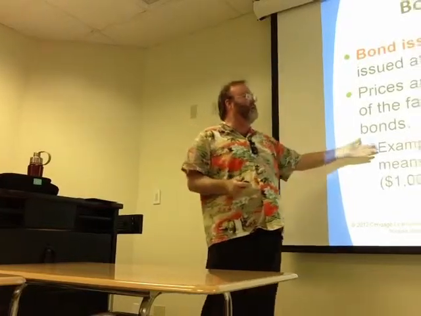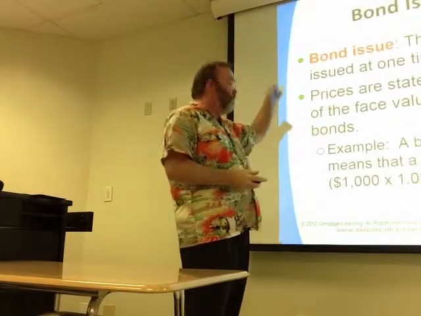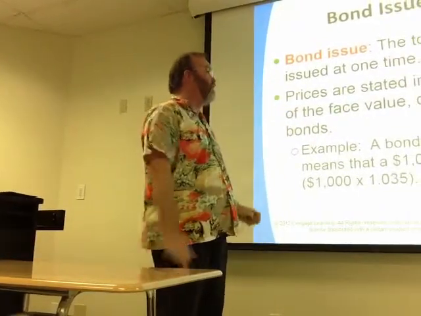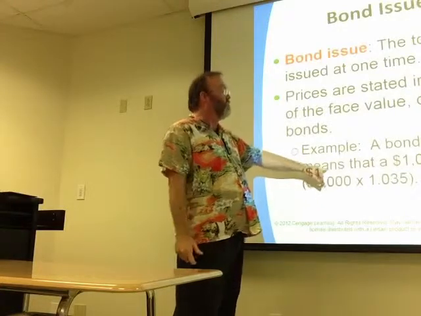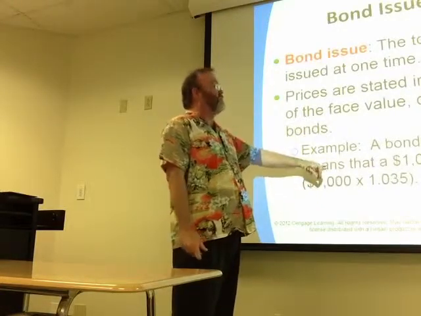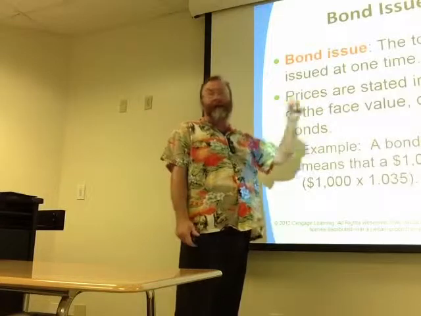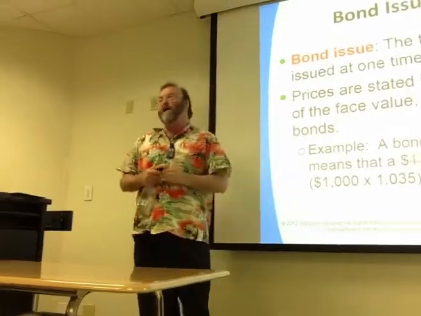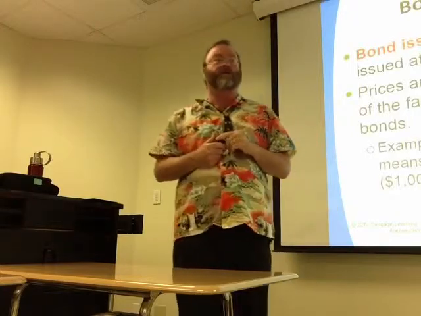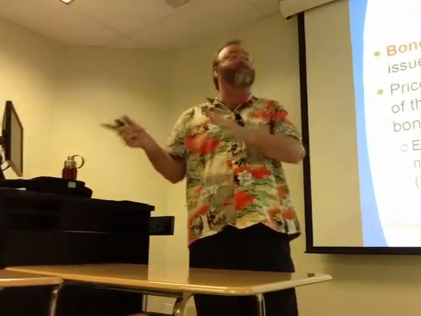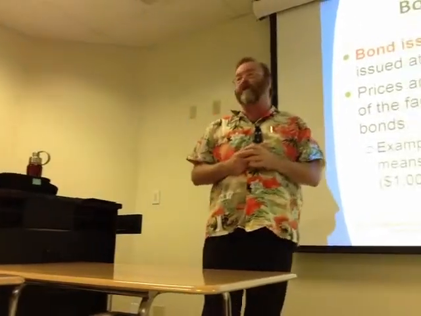That is the price that it's selling for that day. And I'll tell you here in a second why it sells for these prices. So that's a bond, in this case a $1,000 bond, that if you wanted to buy it, you'd have to pay $1,035 for it. So that's 103.5% of the face value.